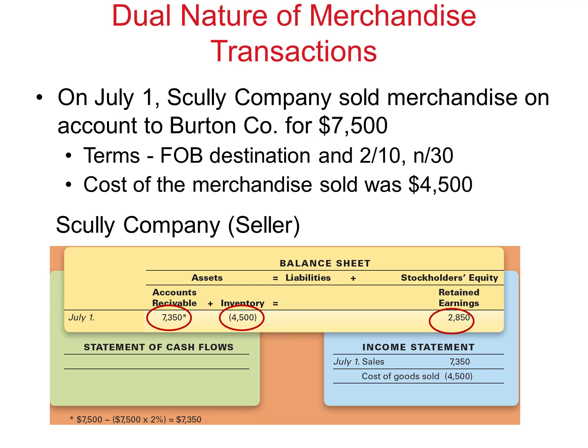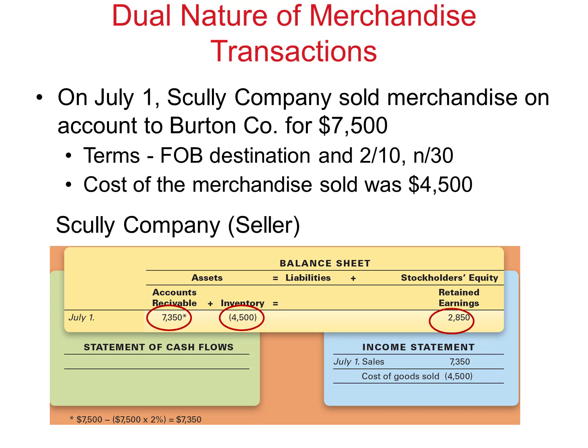This is the net of discount transaction. We are reporting also, from the seller's perspective, a reduction in inventory, and then the impact to retained earnings is the gross profit. Gross profit is sales of $7,350 and cost of goods sold is $4,500.